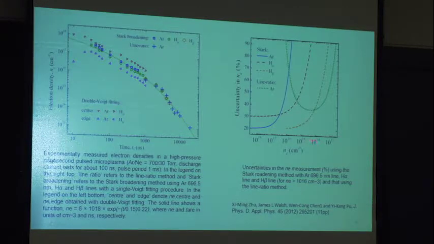However, in most non-thermal plasmas, electron number density is rather low, between 10 to the 13 and probably 10 to the 15. In this range, you can see that the hydrogen beta line and the line ratio of argon method can give you a narrow window to measure the electron number density. So in an application, depending on the level of electron number density you want to measure, you would choose a different method.